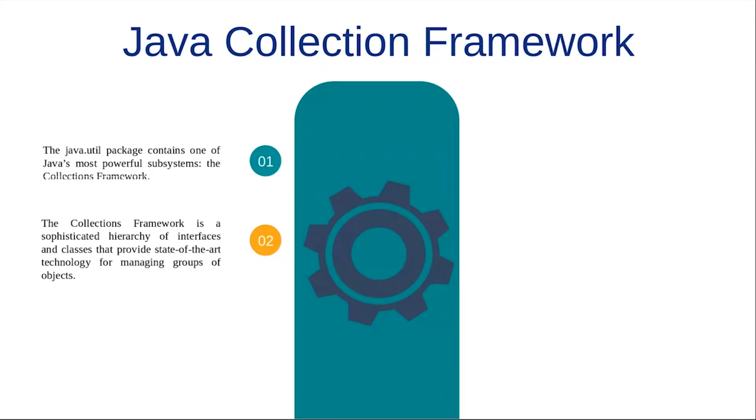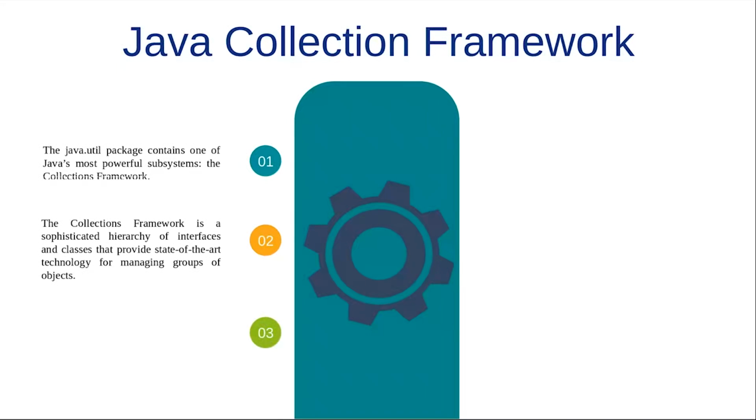It contains many interfaces and classes that provide state-of-the-art technology for managing groups of objects. So groups of objects can be managed through this collection framework, and that is what we use it for.